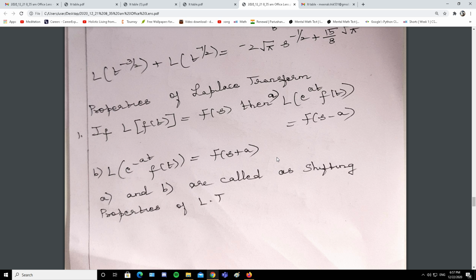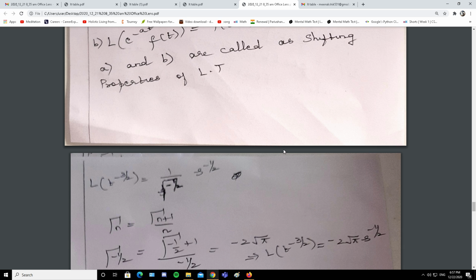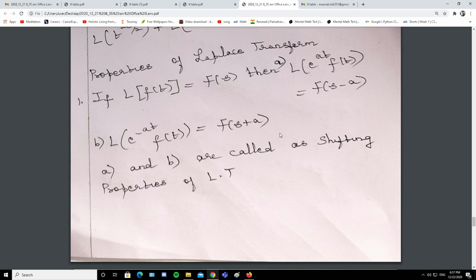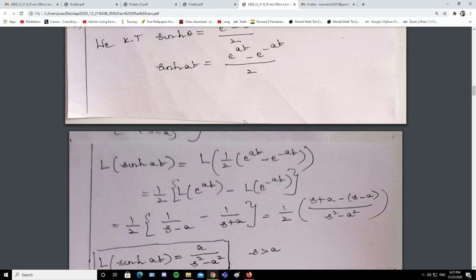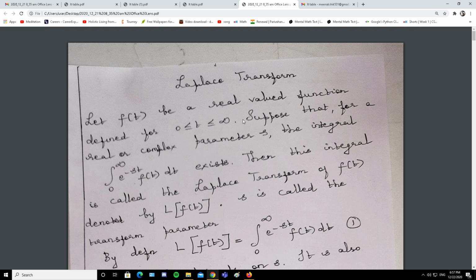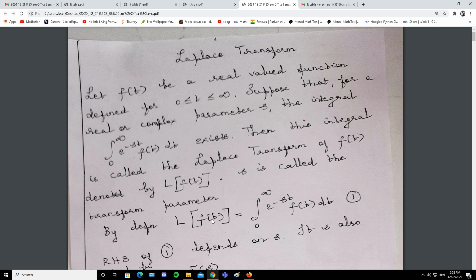What is the Laplace transform? You define it as L of f of t equals integral 0 to infinity e power minus st f of t dt. What is the meaning? The time domain is transformed to the frequency domain. You have the function in time domain, and when you integrate, you get a function of s.